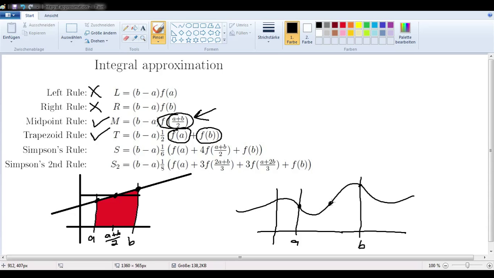of why the midpoint is so important, but that might be an intuitive way of grasping that this middle point is indeed different than the left point or the right point, because all three of these, the left rule, the right rule, and the midpoint rule, all three of those just use one point. So it's interesting that the midpoint rule actually will always give us an exact answer for any curve of degree 1.